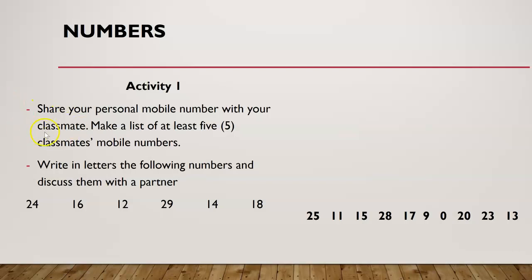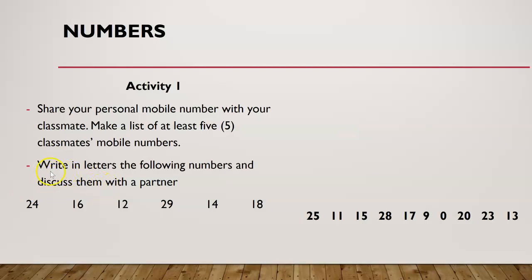It can be a classmate, it can be a work colleague, someone you work with. It can be a roommate, someone you share the room with. It can be a family member, or anyone else. So make a list of 5 of those people to whom you're going to share your mobile number and whom you're going to ask for mobile numbers.